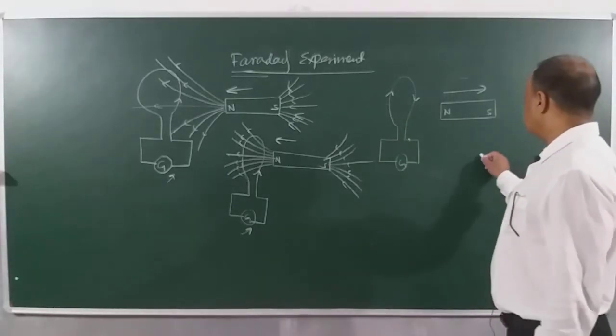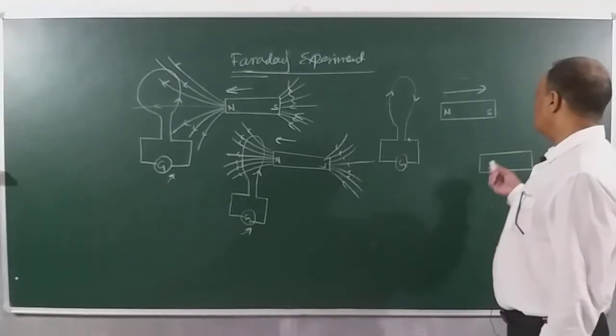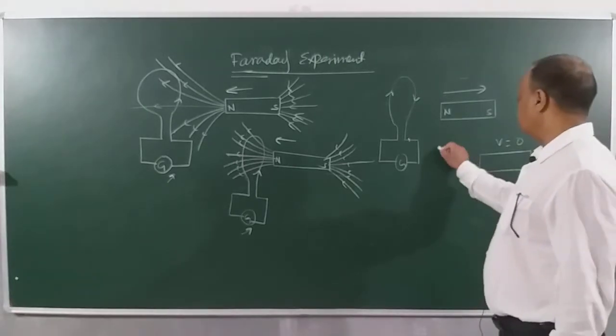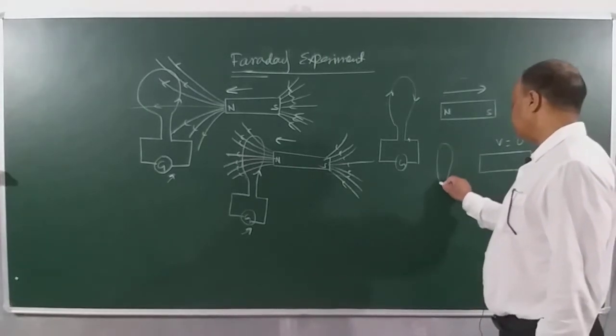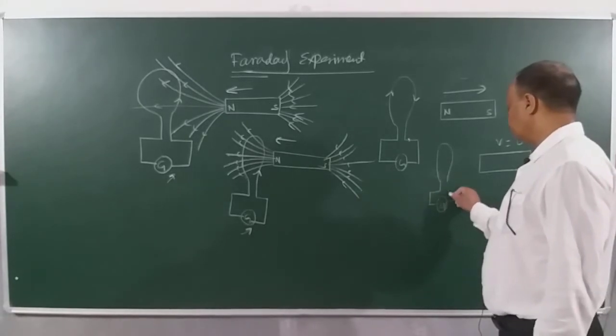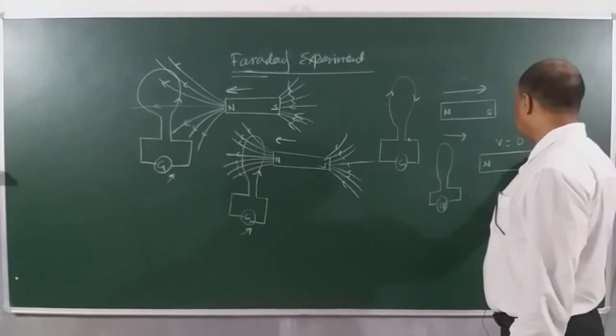Now what he did was, here the magnet is moving in both the cases. Now we keep the magnet stationary. Magnet is not moving, velocity of the magnet is what? 0. And then he began moving the coil here. This is galvanometer. Suppose the coil is coming towards the north pole out here.